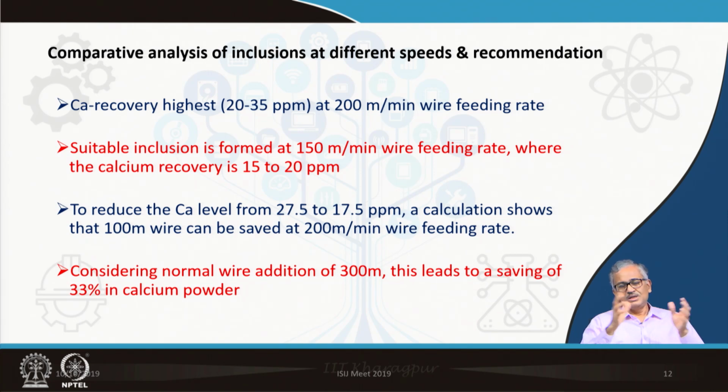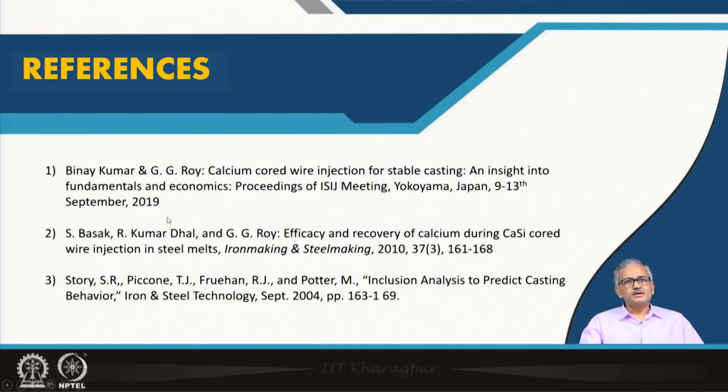Okay. So, in industry that is what happens. In most of the cases, they add too much wire. In some cases, their recovery is very low, and that is why they have to add too much wire. Okay. So, that is the thing. These are the references, basically the reference is our paper only, and Story et al, right. Story has made the pioneering work on this.